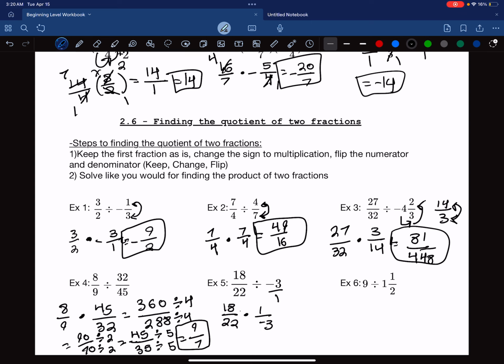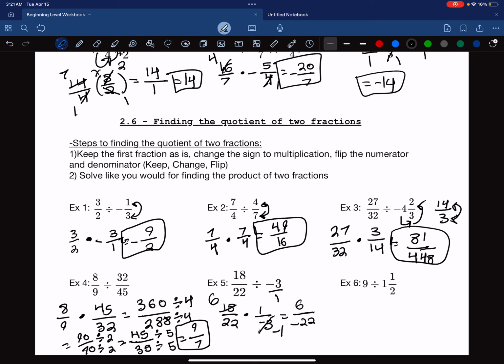Then we can cross-reduce, dividing 18 and 3 both by 3. So -3 divided by 3 is -1, and 18 divided by 3 is 6. So we get 6 times 1, which is 6, and 22 times -1, which is -22.